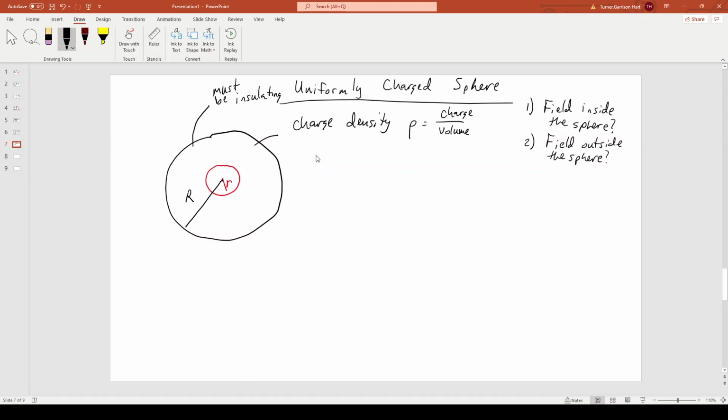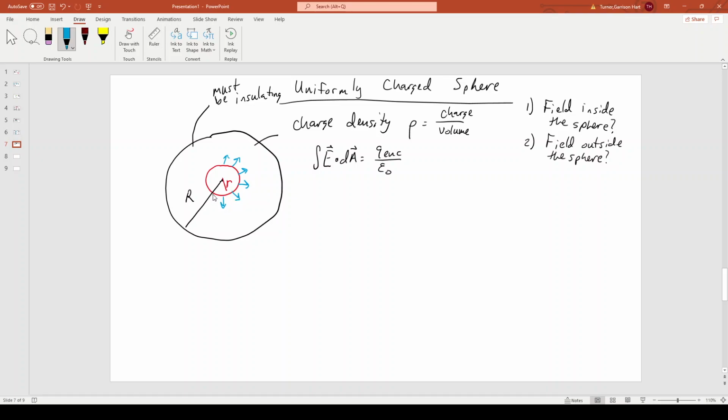Well, inside the sphere, we still have the integral of E dot dA equal to Q enclosed over epsilon naught. And because we're arguing that the Gaussian surface is centered on the center of the sphere, it should make sense that however the field behaves, the field is going to be uniform across this surface.